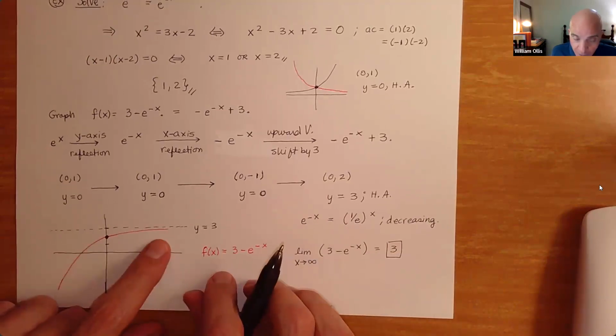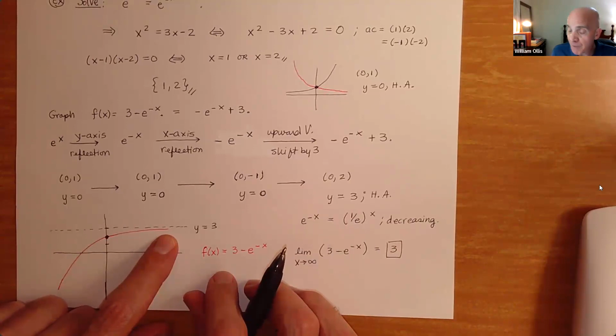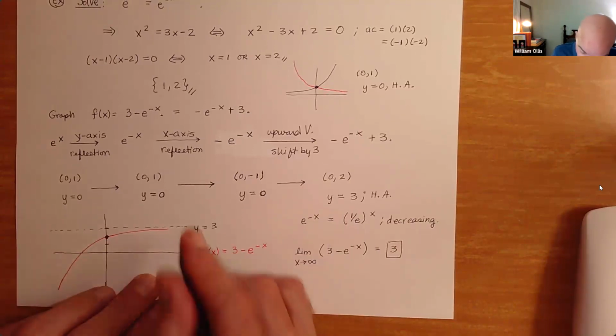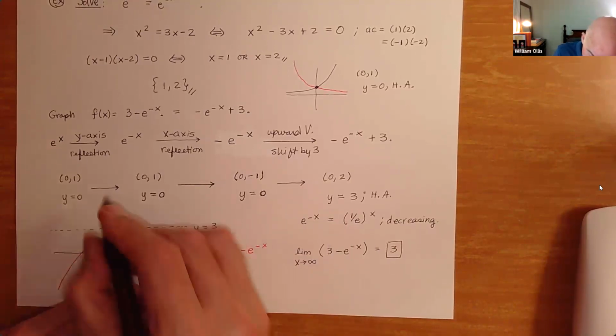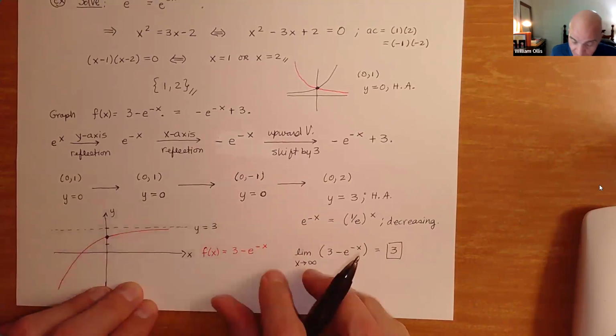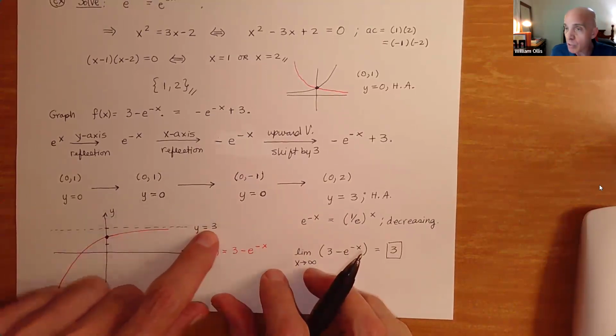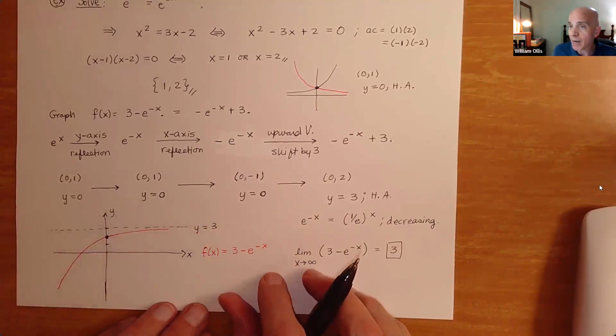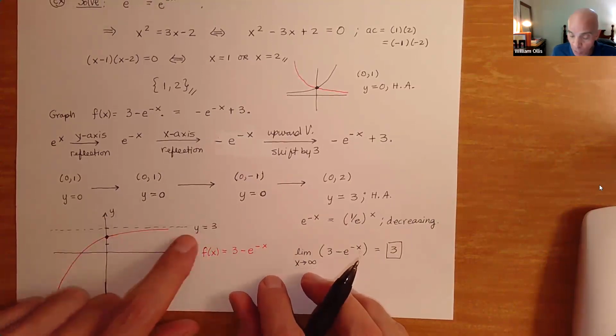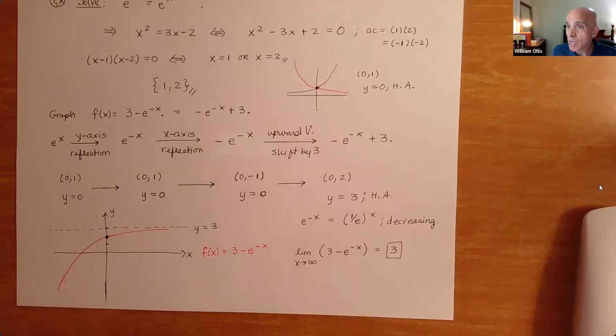And so our graph basically exemplifies that as x gets larger and larger, and let me just notate this is our x-axis and y-axis, we hug more closely the horizontal line y = 3. And so we never cross, but we have the asymptotic approach to the horizontal line y = 3.